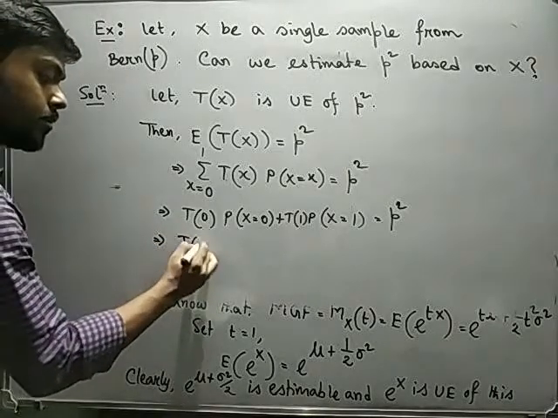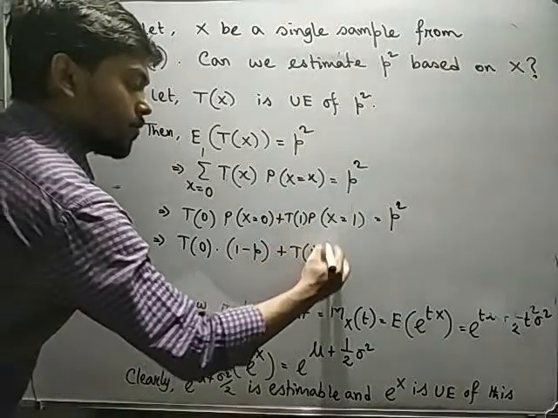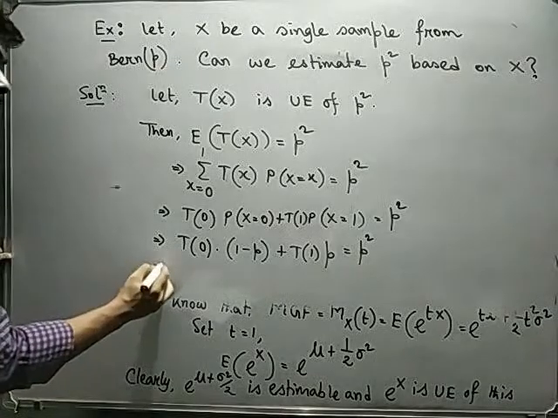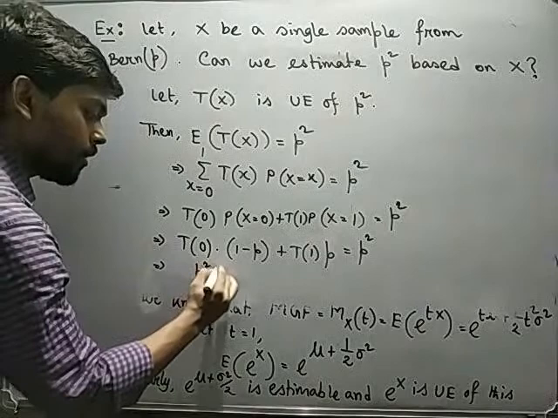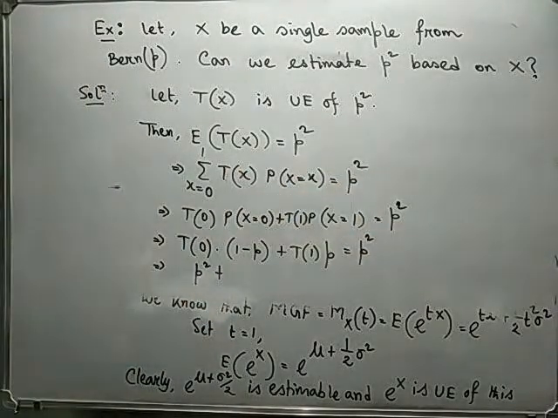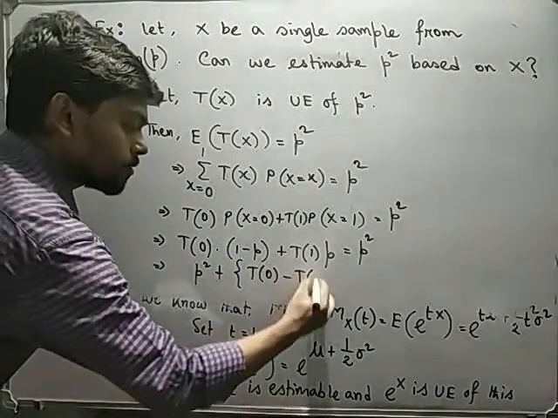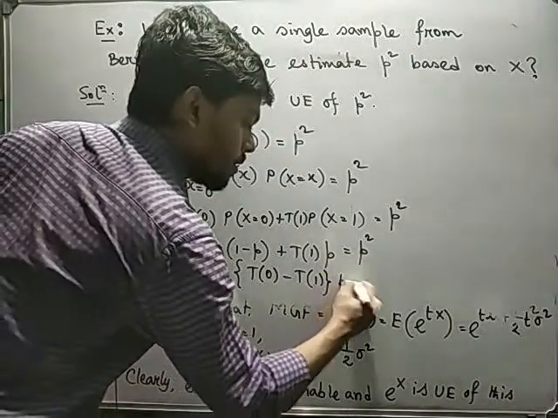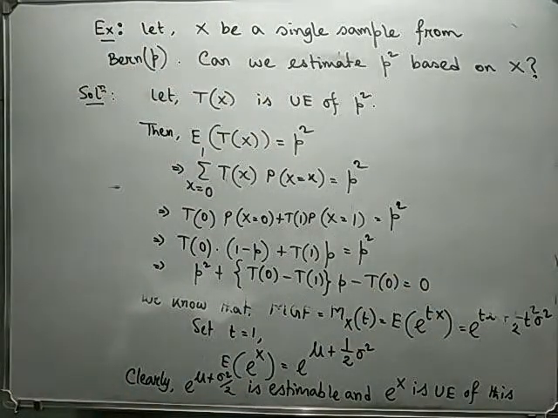So that implies T of 0 into 1 minus p plus T of 1 into p is equal to P square. Now if we simplify all the parts, taking all the quantities on one side, we get P square plus T0 minus T1 into p minus T0, and this is equal to 0.